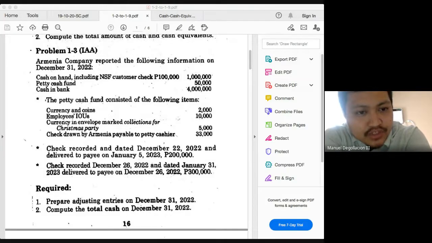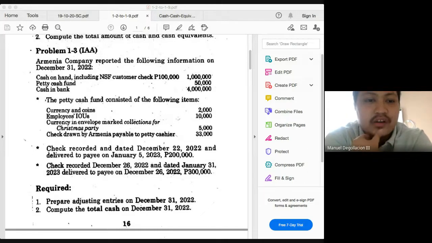First additional information, the petty cash fund consisted of the following items: currency and coins 2,000, employees' IOUs 10,000, currency in an envelope marked collections for Christmas party, and then a check drawn by Armenia payable to the petty cashier.